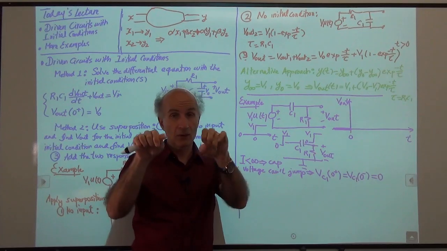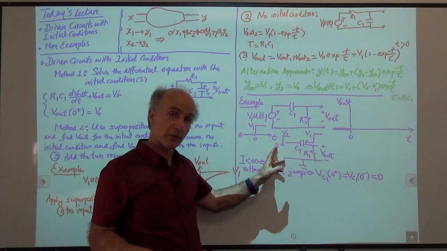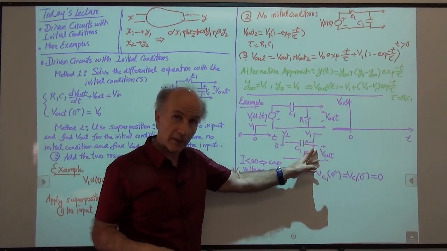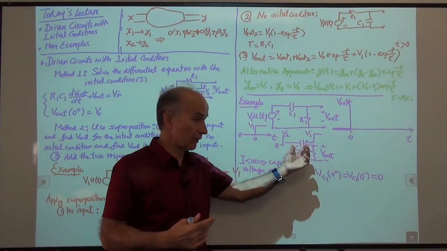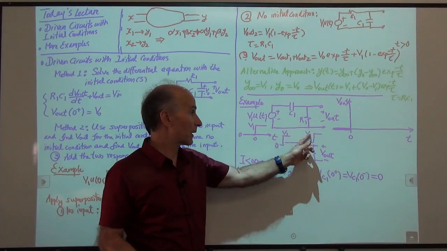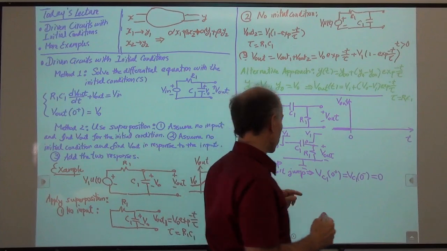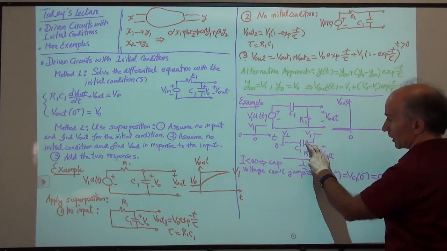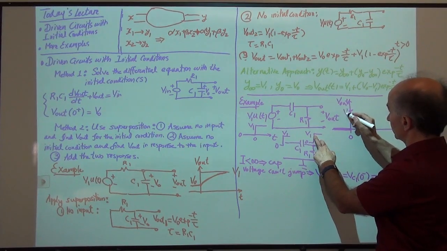After time 0, it still has 0 across it. The only thing is that one side of the capacitor jumped from 0 to V1. The other side of the capacitor also has to jump from 0 to V1 so that the voltage across the capacitor doesn't change. 0 minus 0 here, V1 minus V1 here. So the voltage at the output jumps from 0 to V1.